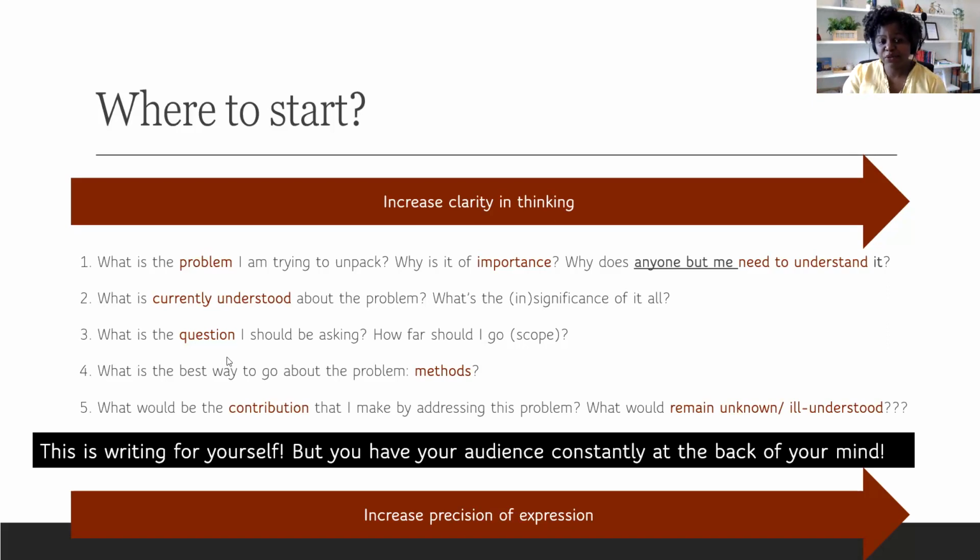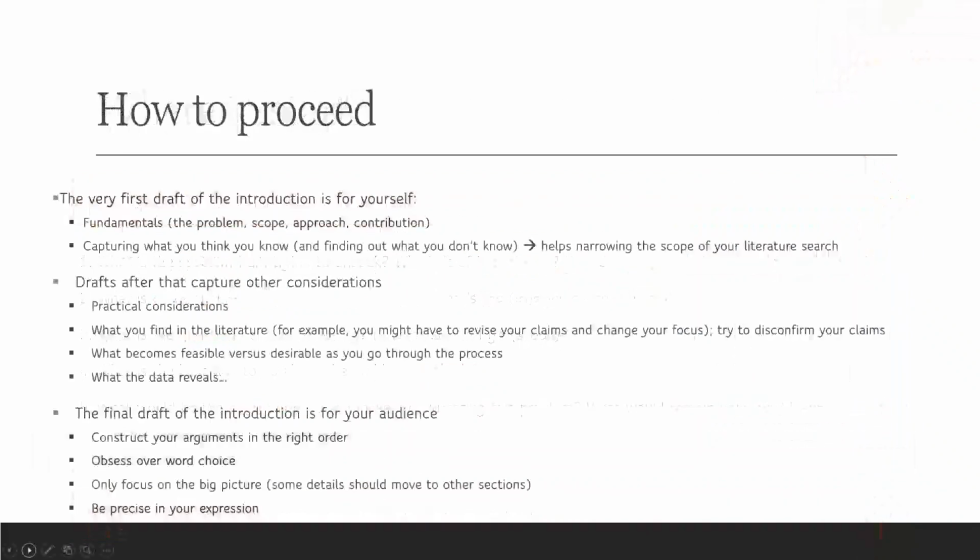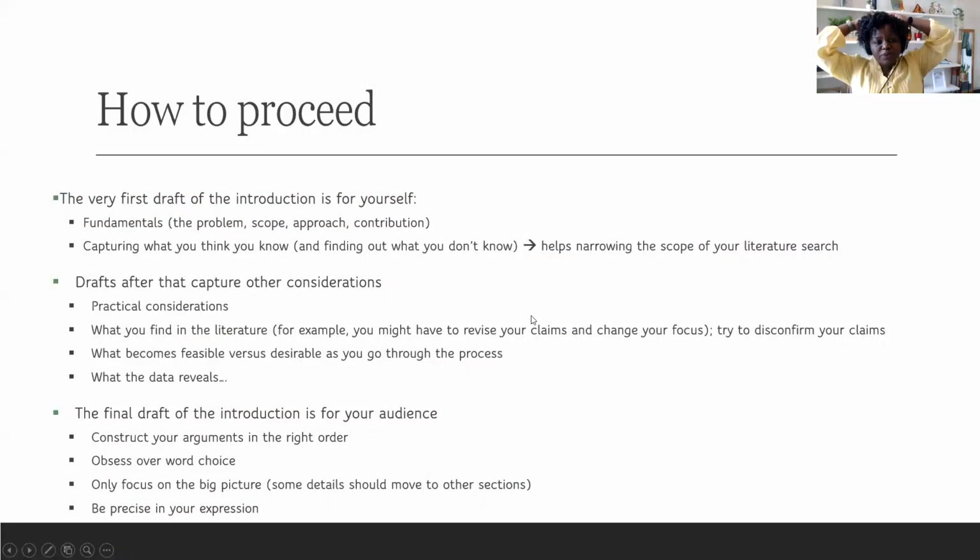Then think about the methods that you will have to use to address this question and what you think the contribution will be. None of these things are going to be perfect now, and they're not going to be clear now, because gaining that clarity is a process that takes much, much longer, and I will get back to it later. So how do you proceed?